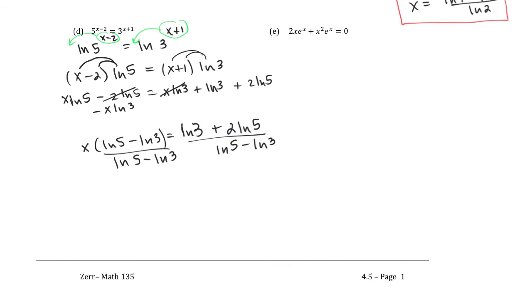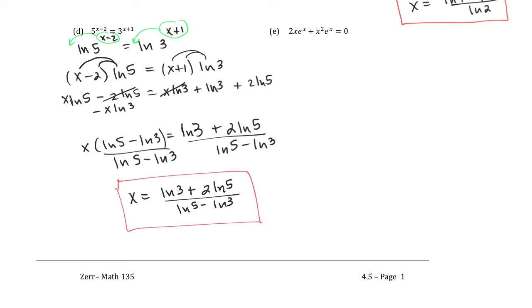All right, and then that would be our final answer in exact form. Natural log of 3 plus 2 times natural log of 5, all divided by natural log of 5 minus natural log of 3. And we could, if we needed to, find a decimal approximation, but we were being asked to find the exact form. All right, let's try another one.